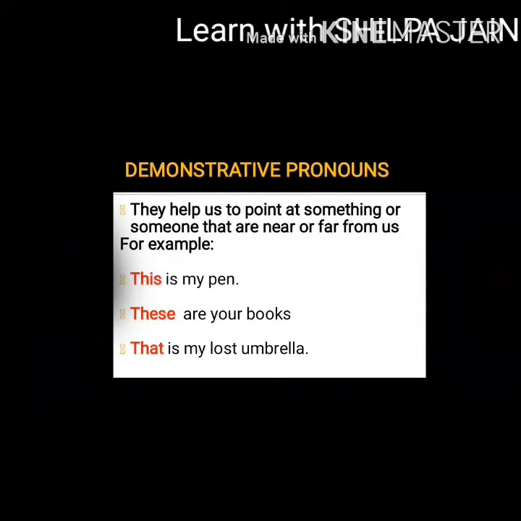These are your books. That is my lost umbrella. So here, when something is near, we use this, or these for the plurals, and that is used for something far from us, and in the same way, those is used for plural: that for singular and those for plural.